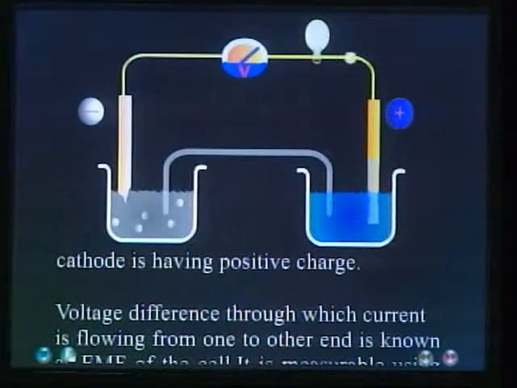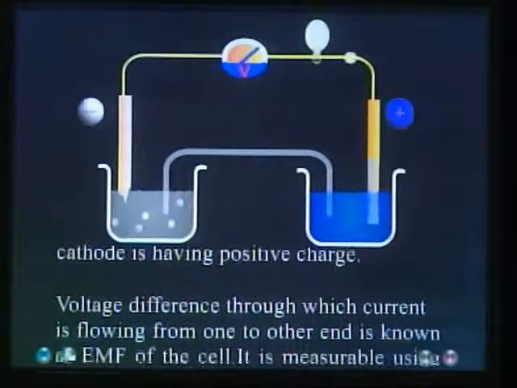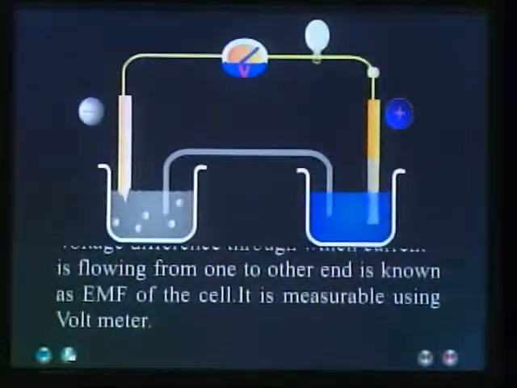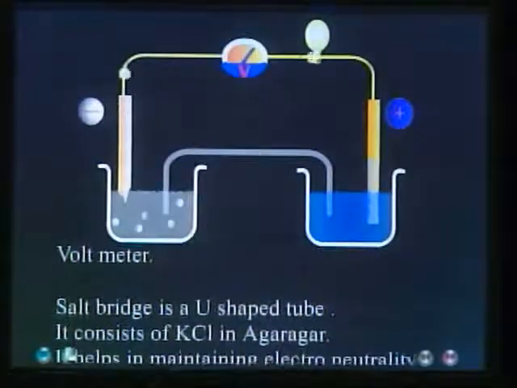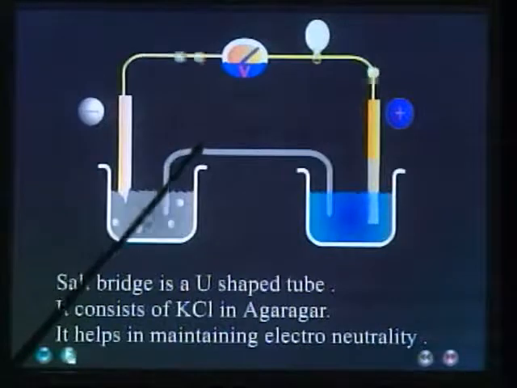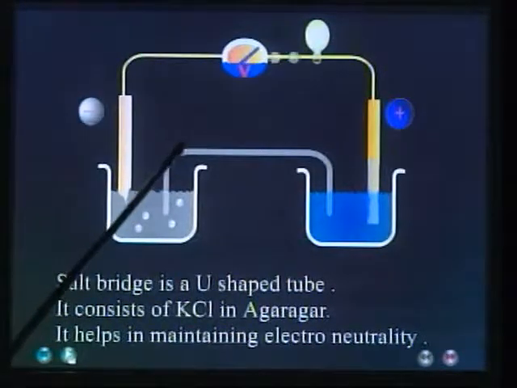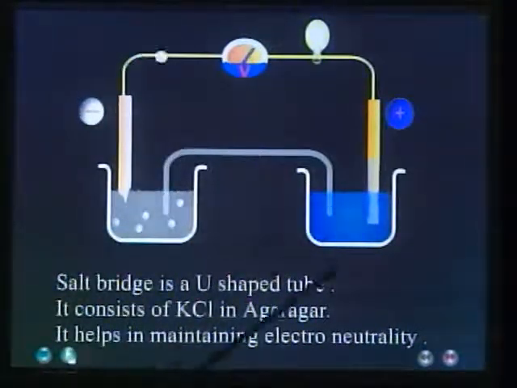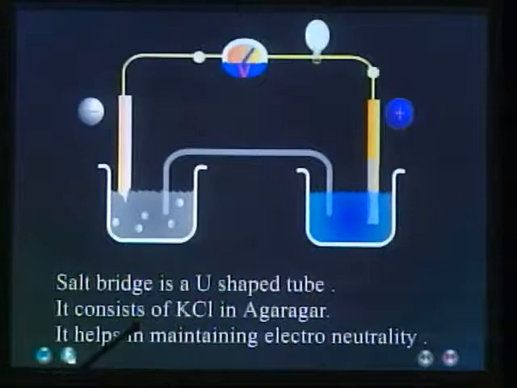The voltage difference through which current is flowing from one end to the other is known as the EMF of the cell. It is measurable using the voltmeter. The salt bridge present in the circuit, consisting of KCl in agar-agar, helps in maintaining electroneutrality of the solutions.